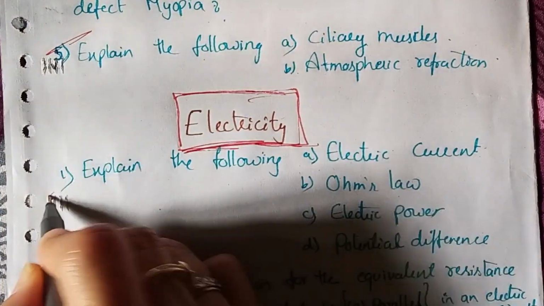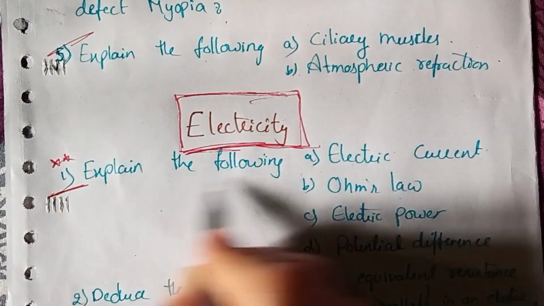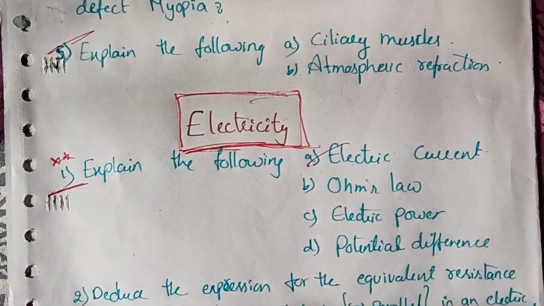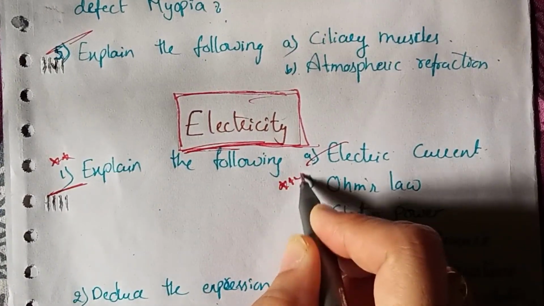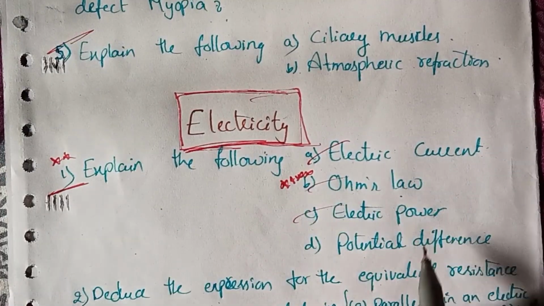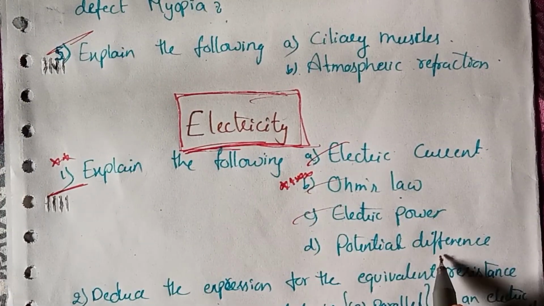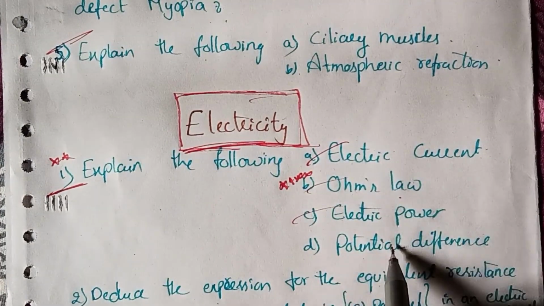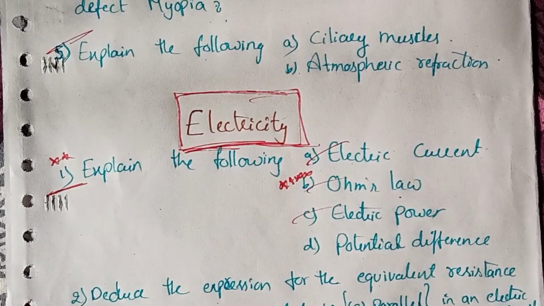So let's see. First important question, explain the following: electric current. Ohm's law is very important. Third one is electric power and fourth one is potential difference. You have to explain this briefly for the 8 marks question.